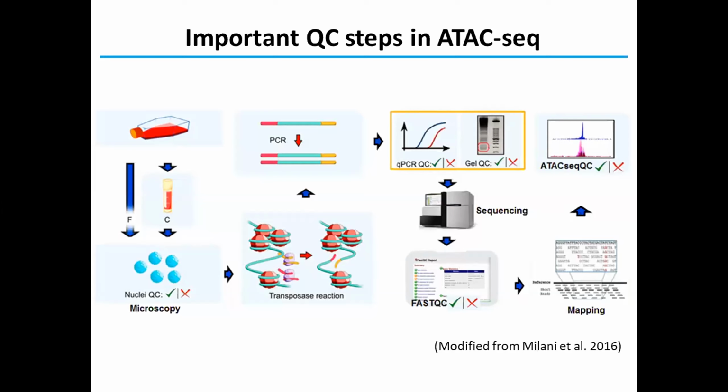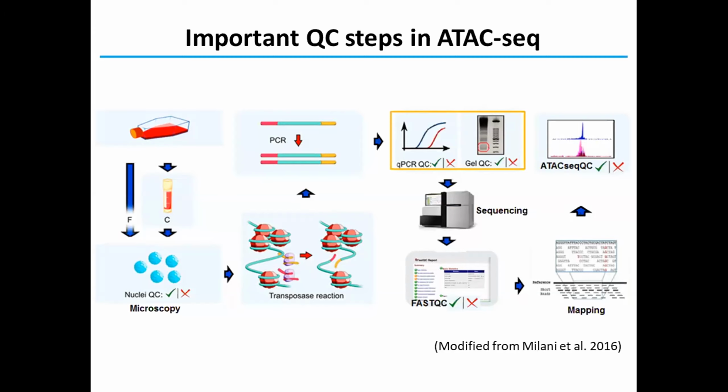If this is okay, then we can use high throughput sequencing to get the sequences. Then we use FastQC or MultiQC to check the raw read quality and then map the reads to the reference genome.